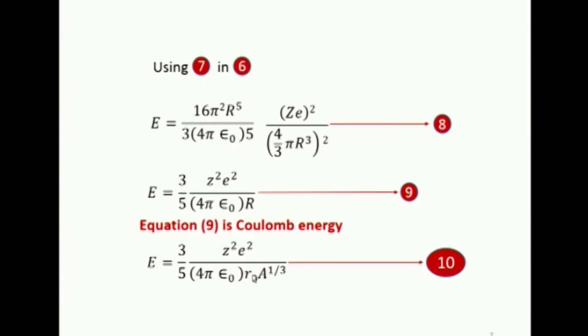As we already discussed, it will be around 1.2 Fermi. It is not a universal constant, it will change slightly, 1.1 to 1.4 Fermi. What is that Fermi? Fermi is 10 power minus 15 meter.